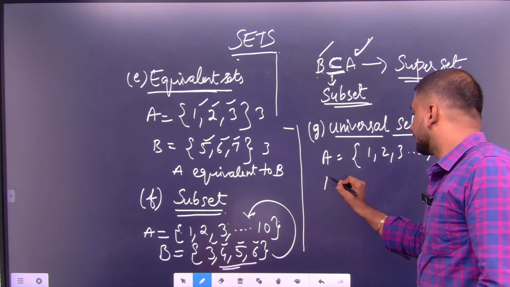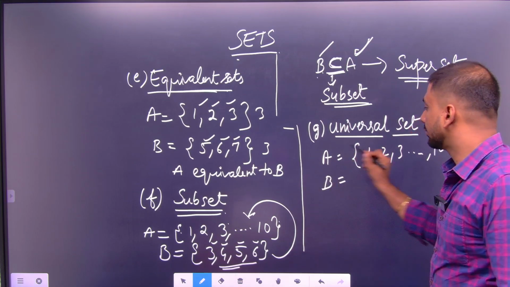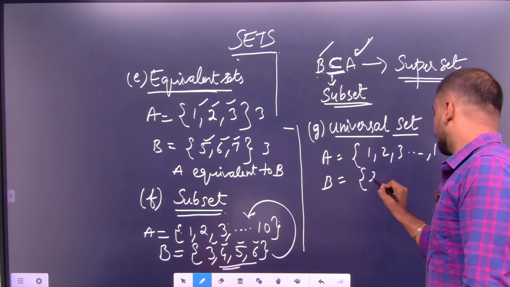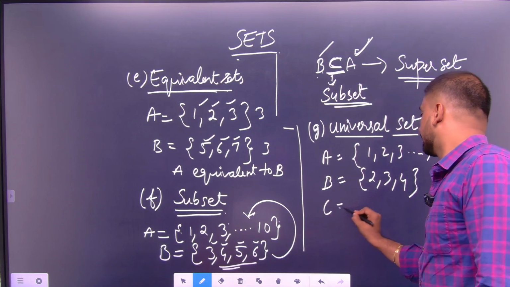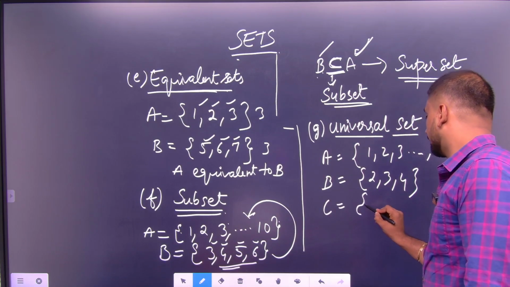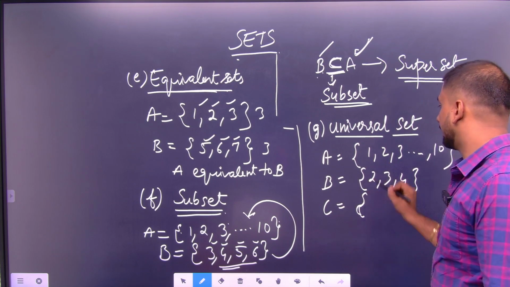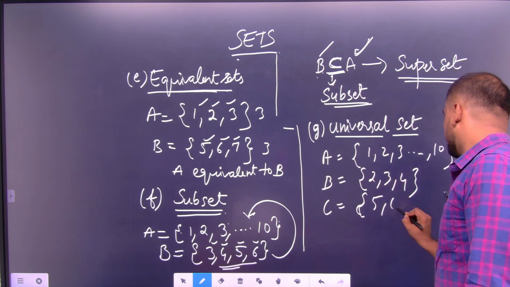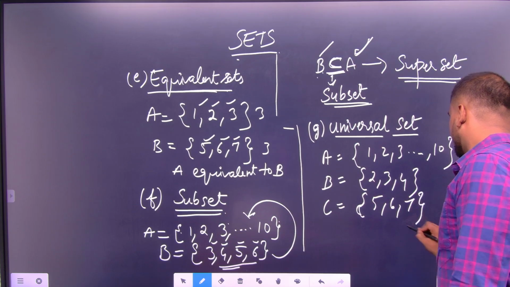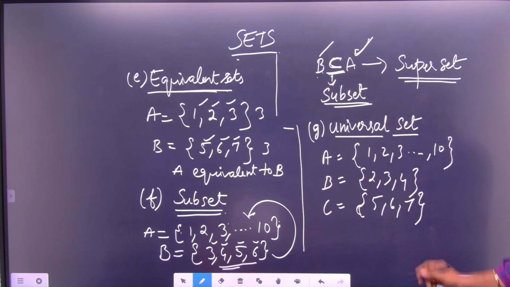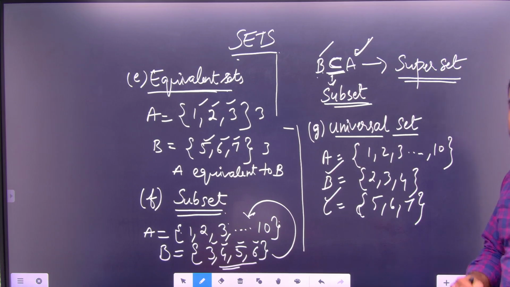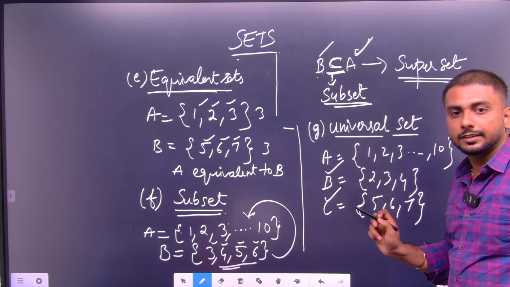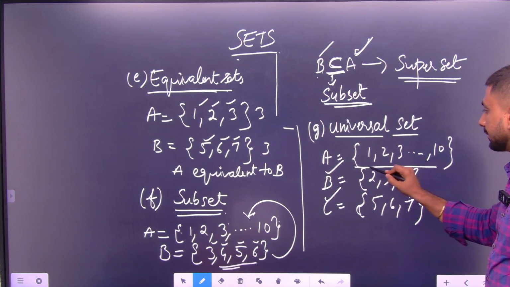And let's take another set B, which is again a subset of A. This is 2, 3, 4. And let's take another set C again, which is a subset of A, that is 5, 6 and 7. Okay. Now, where are these sets B and C taken from? These sets B and C are taken from A as a set.